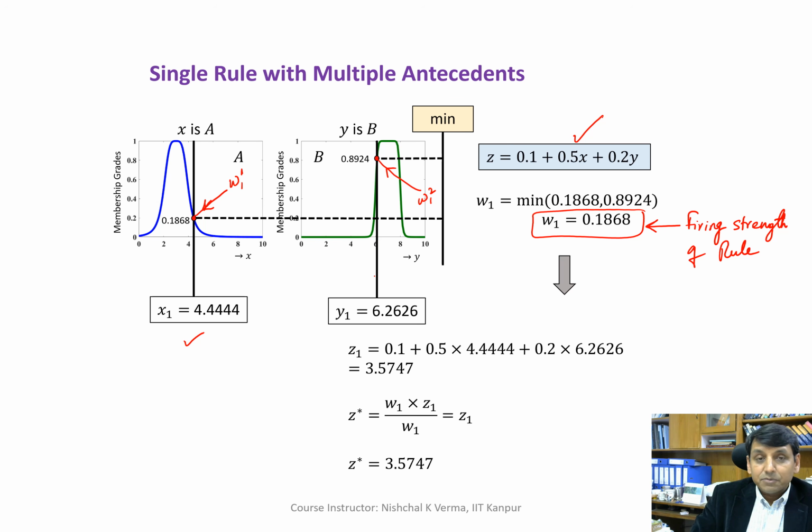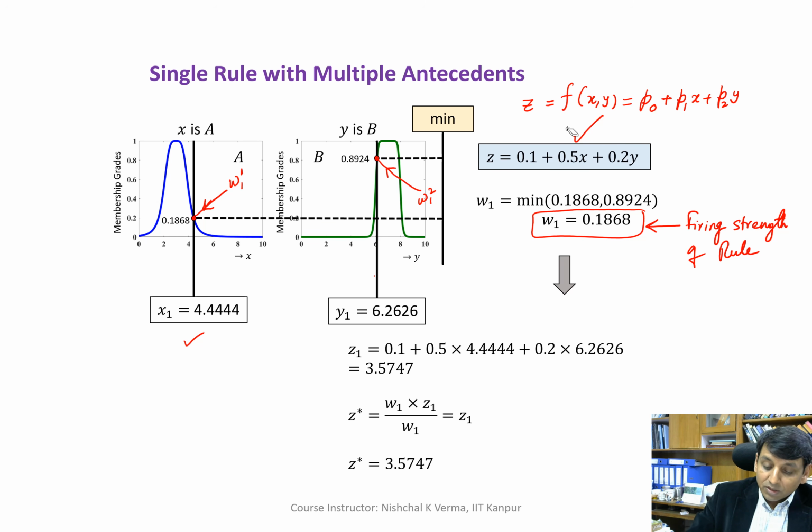Please note that since we have two antecedents, the Z is in terms of X and Y. So the output, let's say Z, is of this form: P0 plus P1 X plus P2 Y. This is how we get the Z calculated for this, and this is nothing but the Z1.